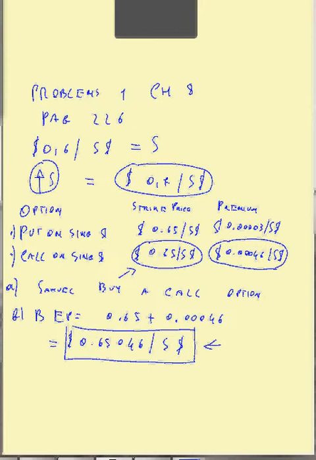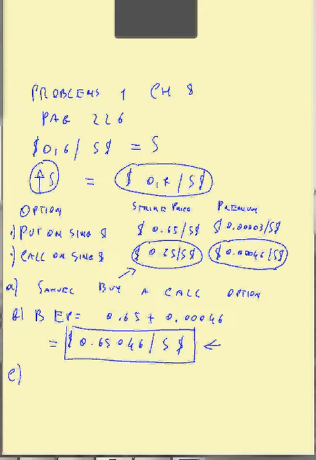Now we can see in questions C and D what happens if the exchange rate is higher than the break-even price. So point C. Using your answer to part A, what is Samuel's gross profit and net profit, so including the premium, if the spot rate at the end of the 90 days is indeed 0.7?